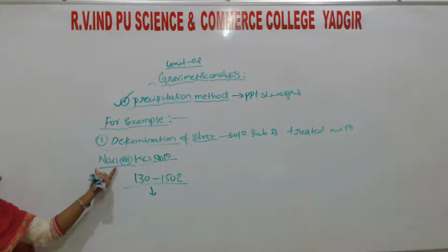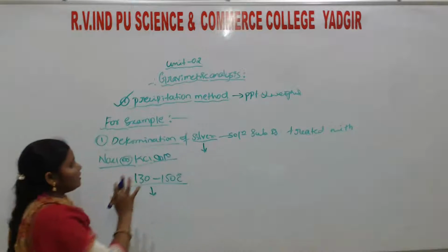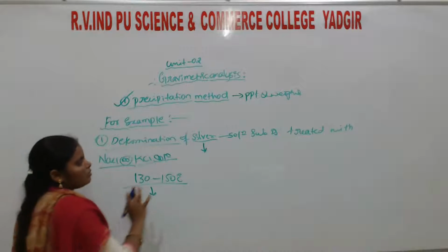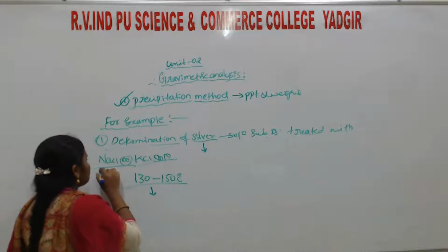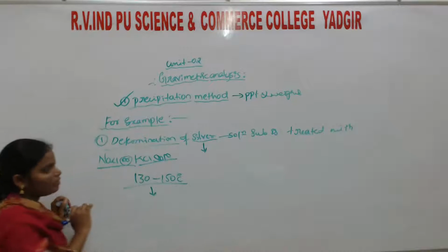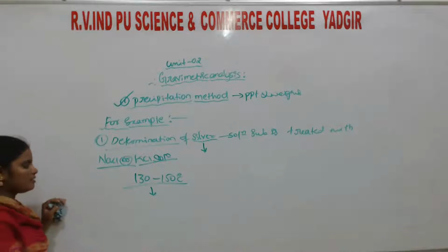Here you are treating the silver solution with sodium chloride or potassium chloride. Finally, your precipitate is weighed as silver chloride, AgCl.